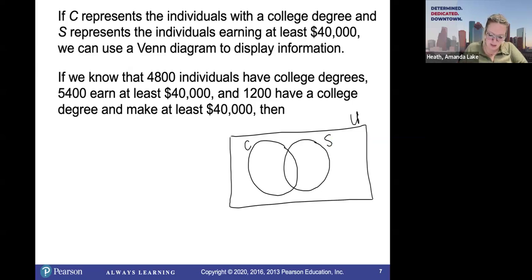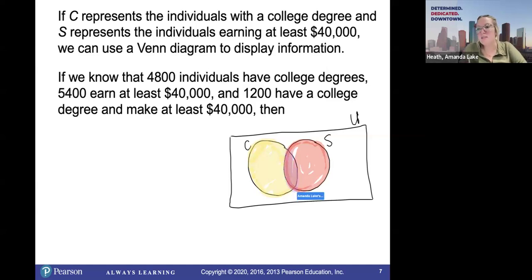So when I look at this picture, I know that 4,800 individuals have college degrees, so this entire circle here is 4,800. On the other side, there are 5,400 who earn at least $40,000 a year, so the entire set here is 5,400. And the intersection, this section right here, is 1,200.